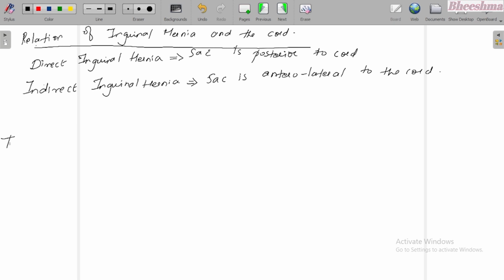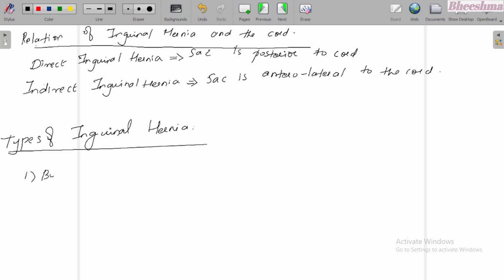Next, types of inguinal hernia. First one is bubonocele.